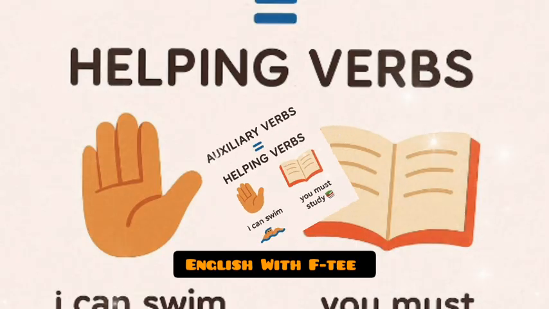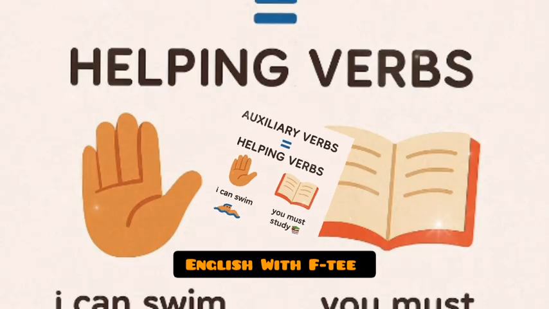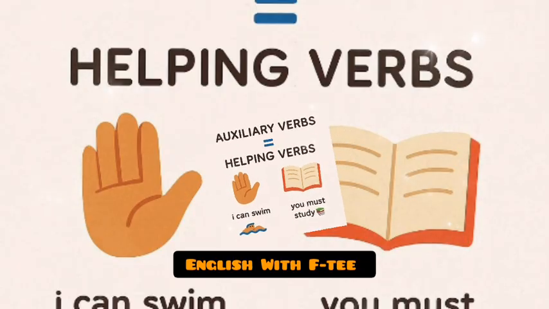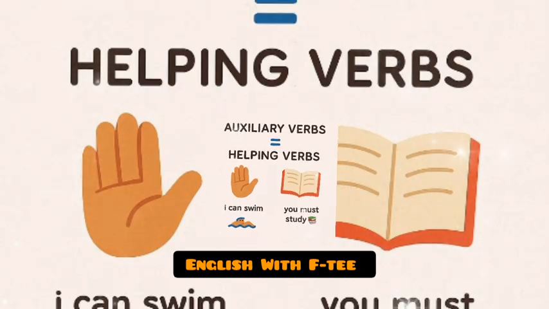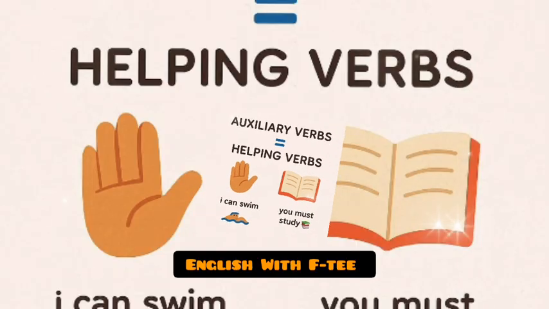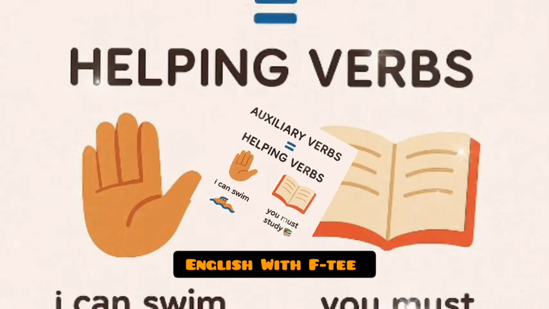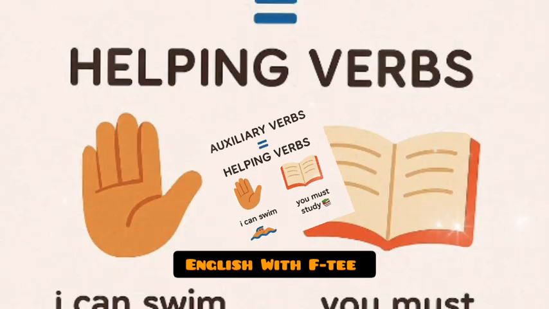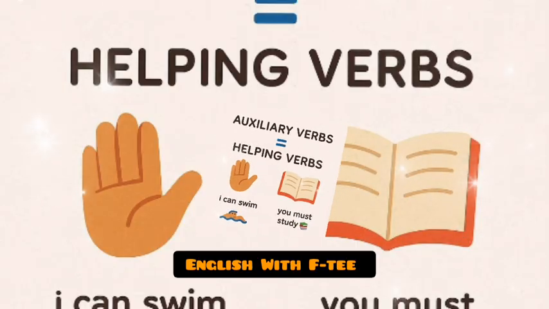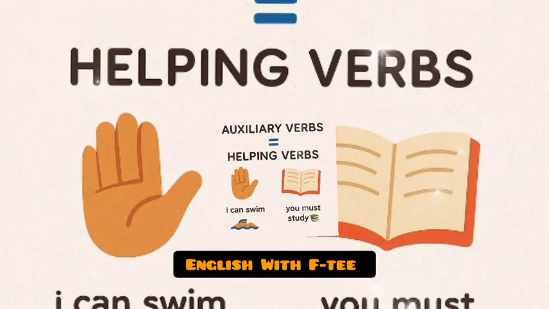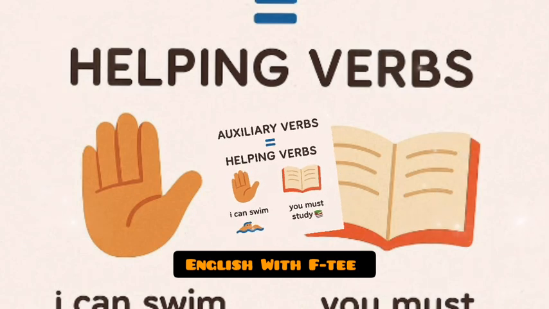The primary auxiliary verbs are verbs that can also be used as main verbs. In other words, the verb to be, verb to have, and verb to do are called primary auxiliary verbs. They are mainly used as the main verbs in a sentence.